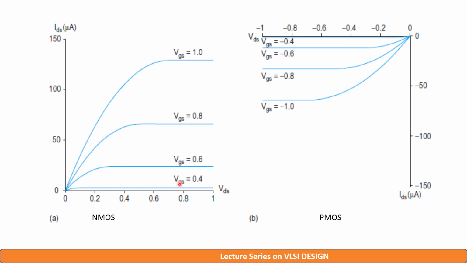Further increase in Vds causes the channel to be pinched off. Therefore, current remains constant. IDS is independent of Vds once the channel is pinched off. For PMOS, threshold voltage is negative. Therefore, the curve lies in the third quadrant.